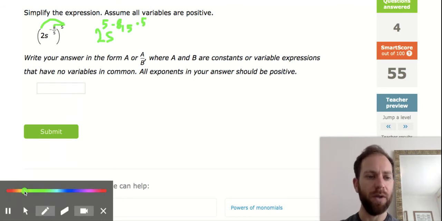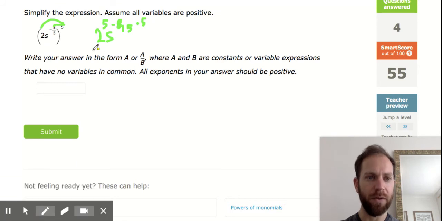So first off, what's 2 to the 5th power? Let's just do this first. 2 to the 5th power is 2 times 2 times 2 times 2, 5 times. Let's see, 4, 8, 16, 32.